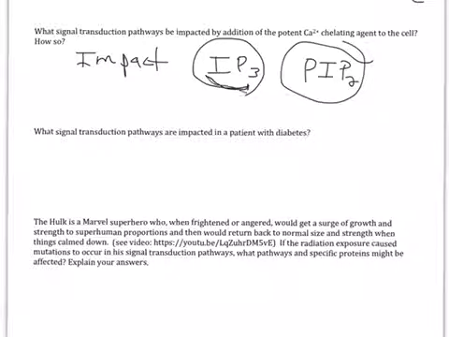IP3 can bind to a receptor that is in the sarcoplasmic reticulum, which is specialized endoplasmic reticulum that houses stores of calcium.